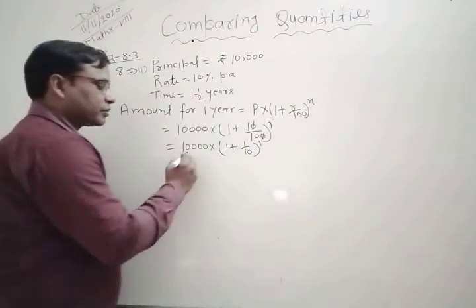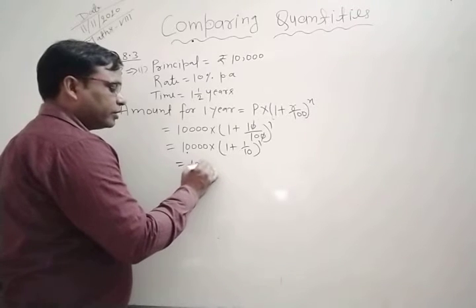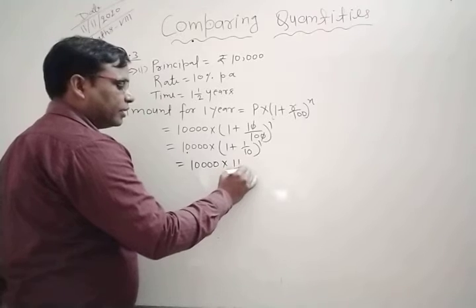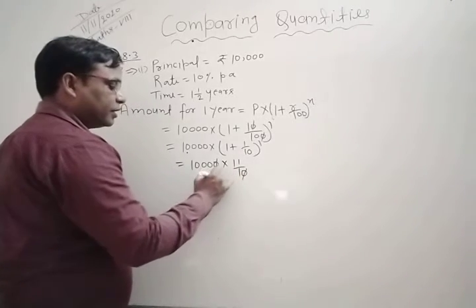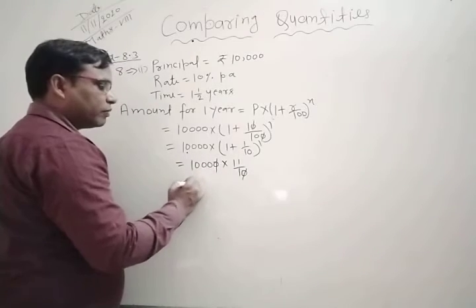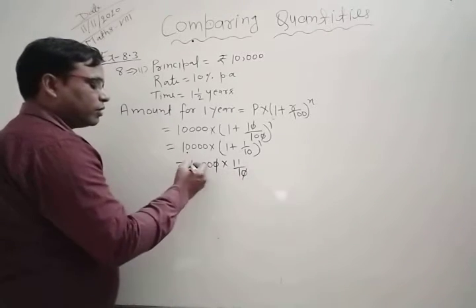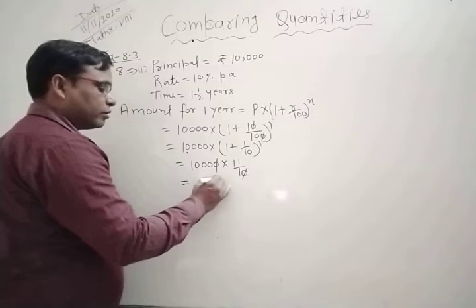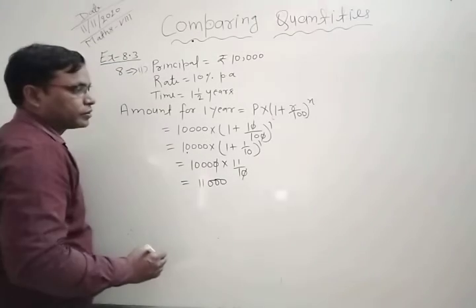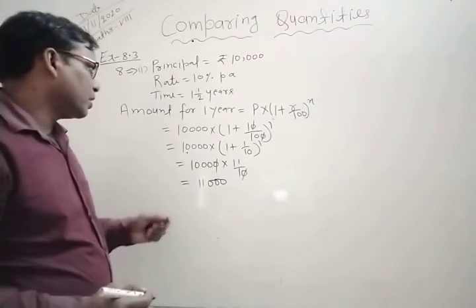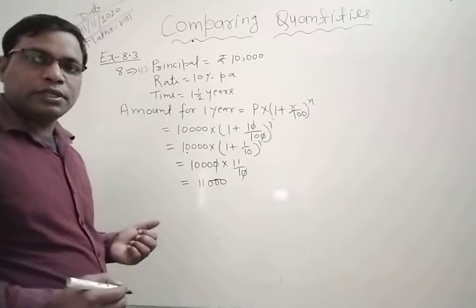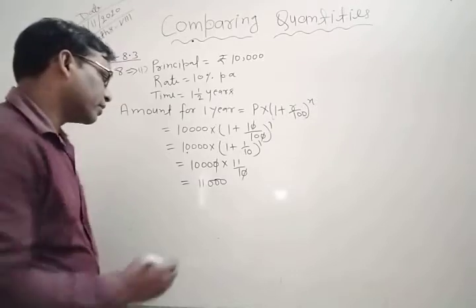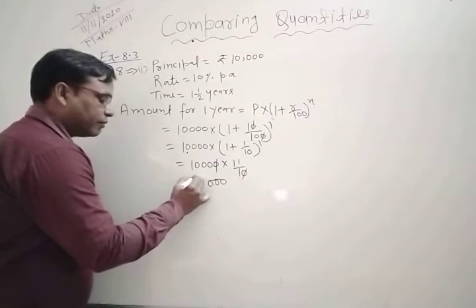So this is equal to 10,000 into 11 by 10. Here you cancel, then you obtain 11 into 1,000, that is 11,000 rupees. So you can see the amount for 1 year becomes 11,000 rupees.